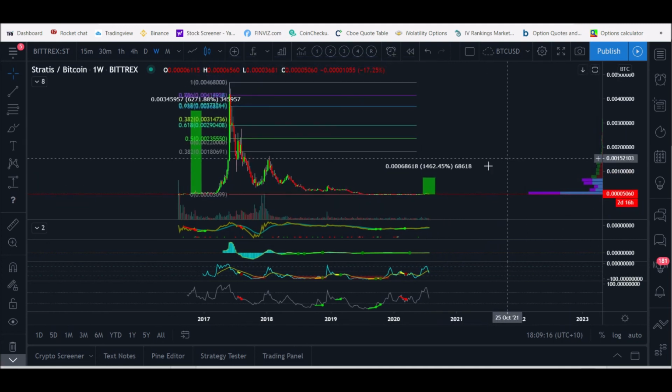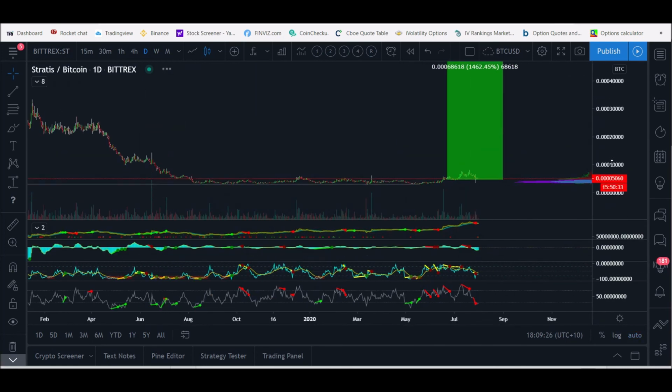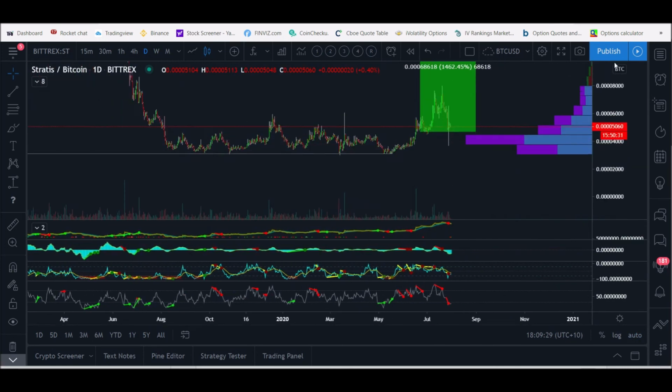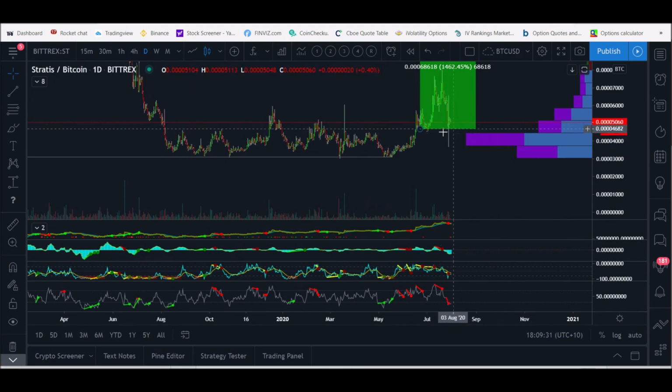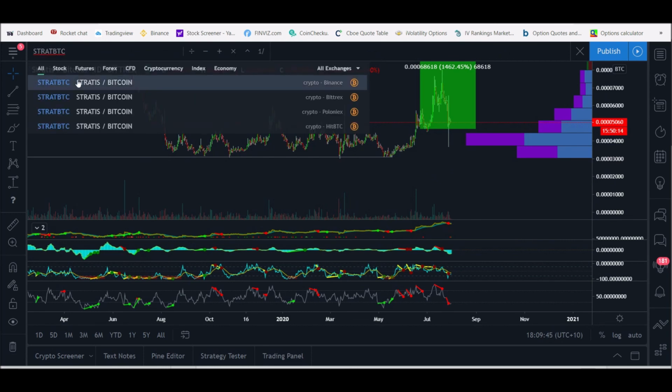But yeah, anyway, that is it for the TA side of things. I don't think I went into entry areas for this, but what I'd be looking at is somewhere to fill in this wick. It's been a big day today, guys. Sorry. So 3,600 sats. Let's go to Binance.